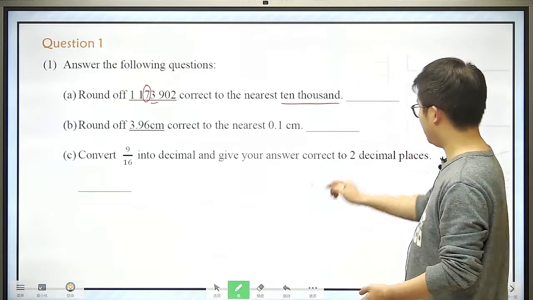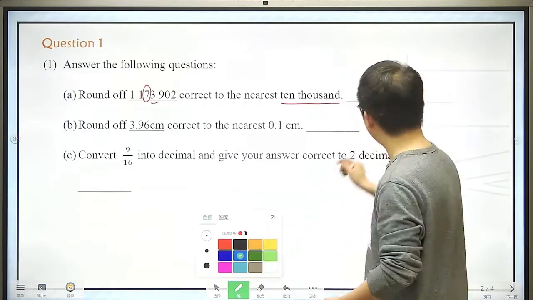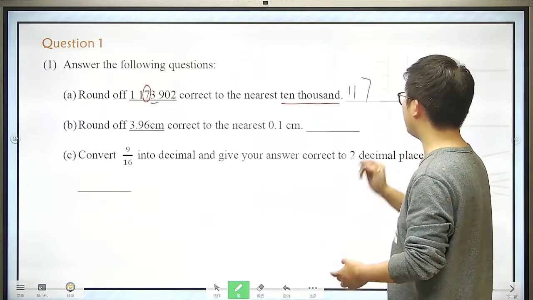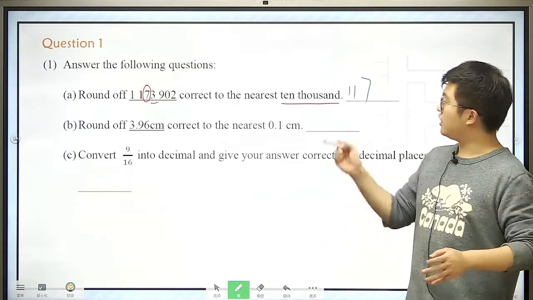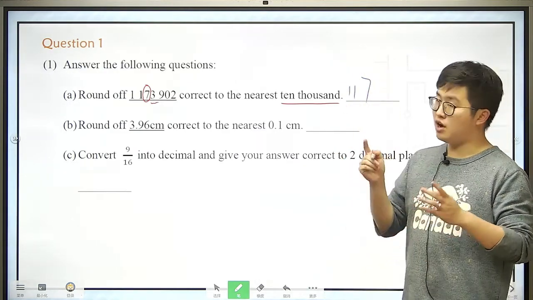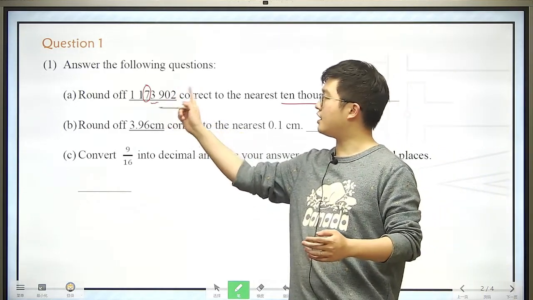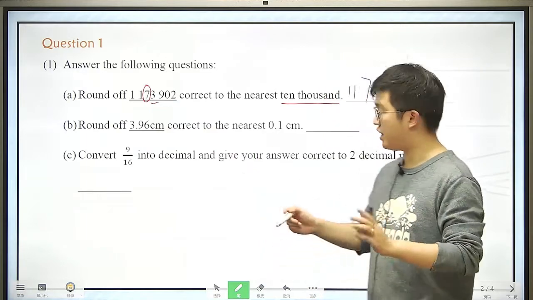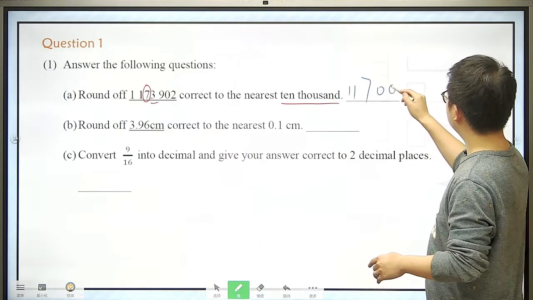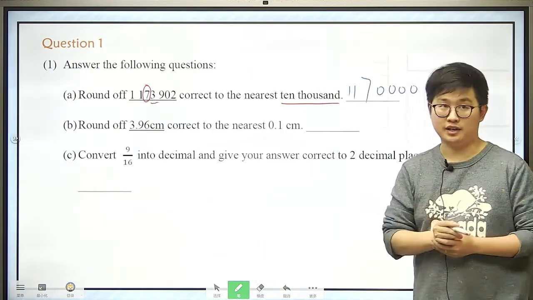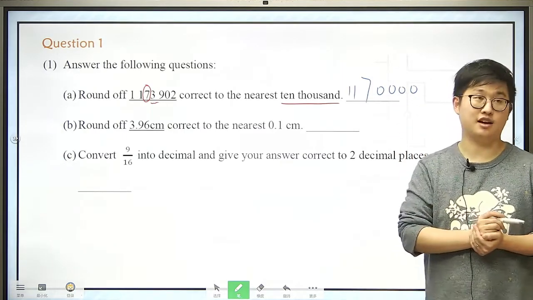So it's 117. Now we've done the rounding off, and we just write the rest of it, 3902, but they become 0. So 4 zeros follow it. All right, this is the correct answer.